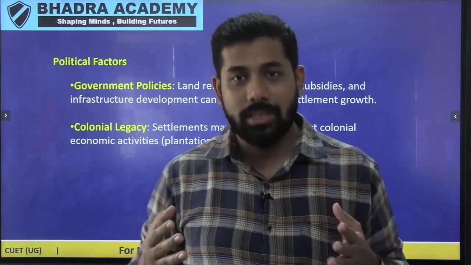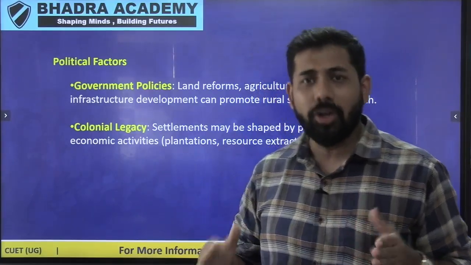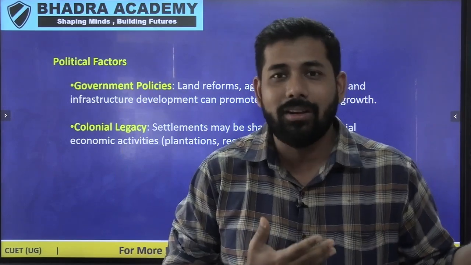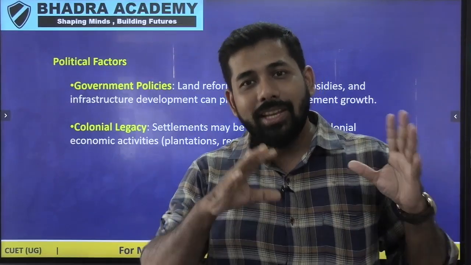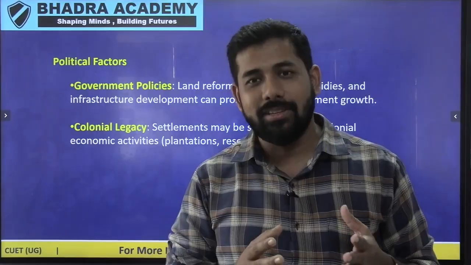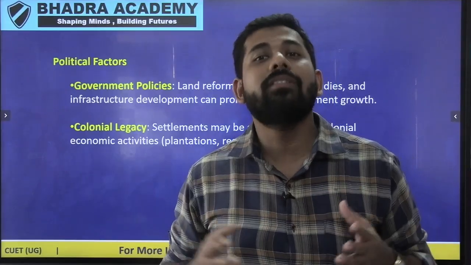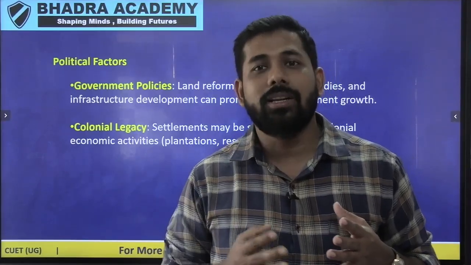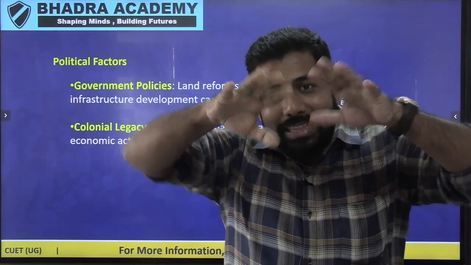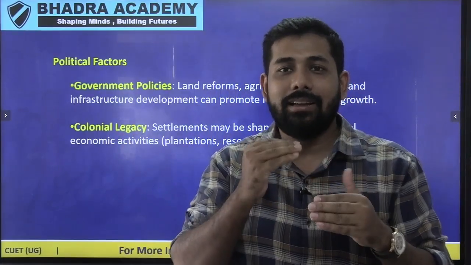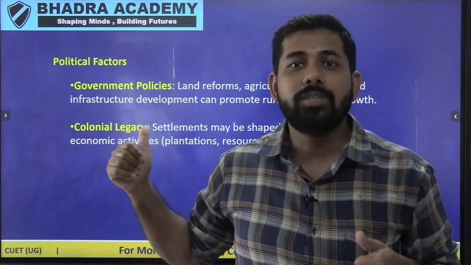So they had to opt for regions where the temperature is comparatively lower. They come from a temperate region near the polar region, so they needed cool climatic conditions, and in India, cool conditions were found very good in the Kumaon Himalayan ranges of present-day Uttarakhand. At that time it was not Uttarakhand. So these regions have seen rural settlement to a huge extent. Of course, political factors were involved.